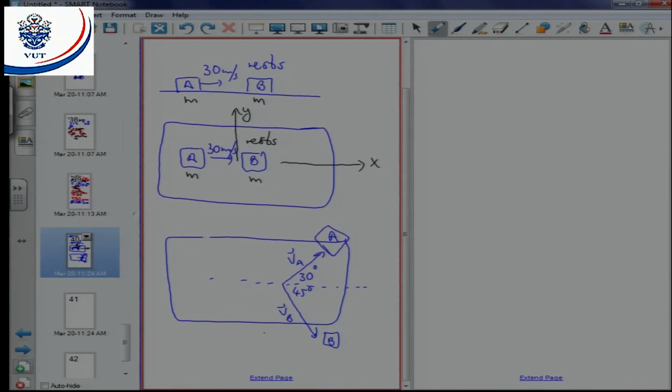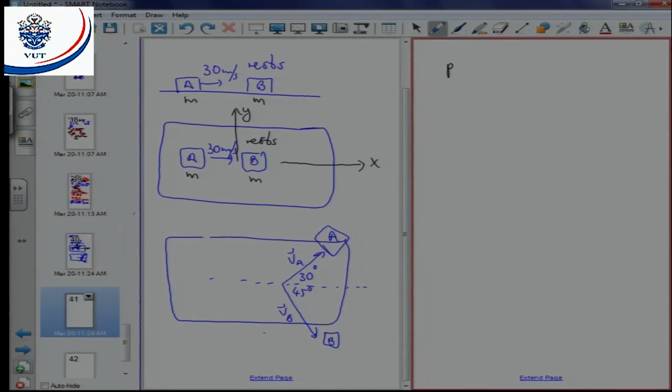So how do we solve this problem? We are going to use conservation of momentum in 2 dimensions. So let's start. Momentum before equals momentum after. We start with the y direction because it's easier.